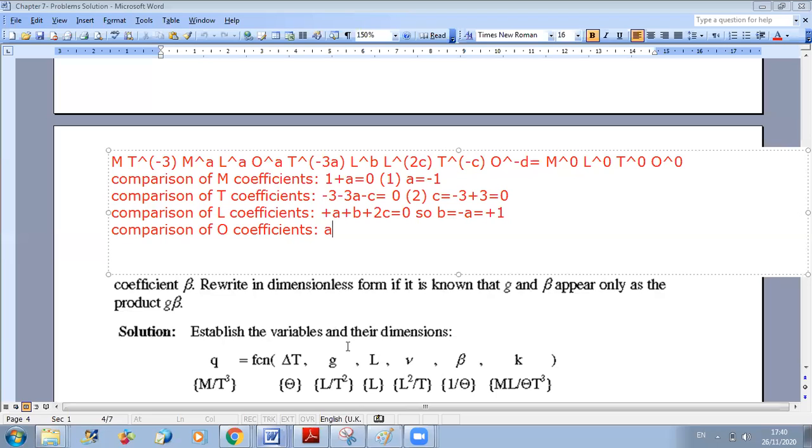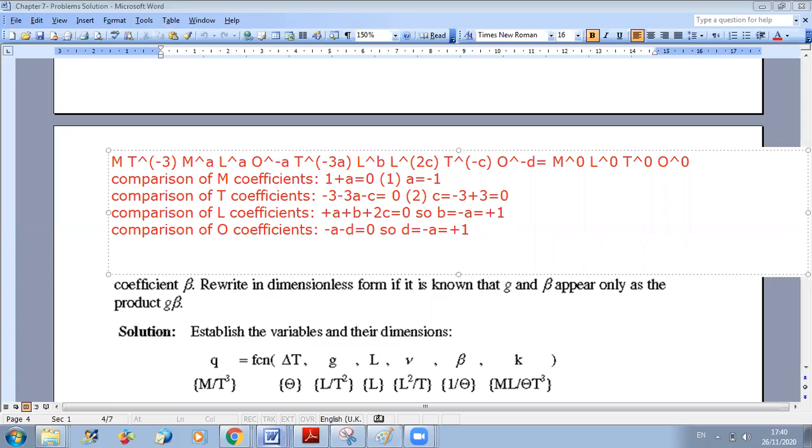The theta is from the beta, right? Yes, exactly. It's minus A. Why? Because it's 1 over theta. So I will put it here, theta to the power minus A, and I have minus D here. So minus A minus D should be equal to 0. So D is equal to minus A, equals to plus 1.